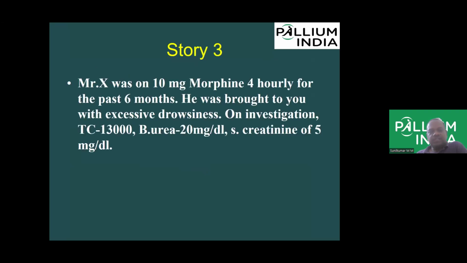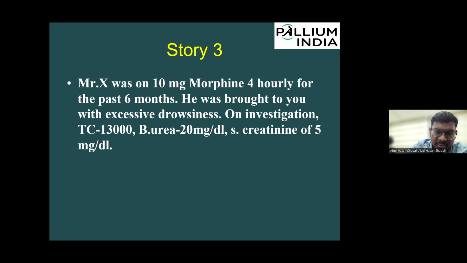So our patient is still on 10 milligram of morphine every 4 hourly for the past 6 months. But then he was brought to the casualty one day with excessive drowsiness. And on investigation, you find that his total count is elevated. His serum creatinine is 5 milligrams per deciliter. And what are the reasons for this excessive drowsiness?